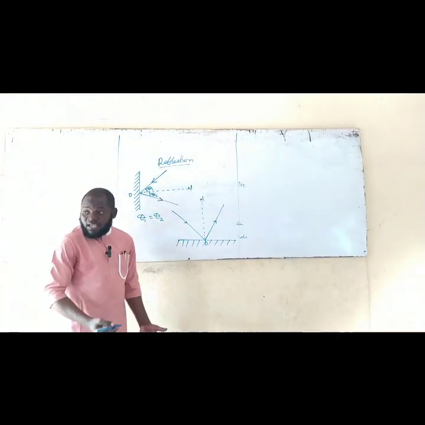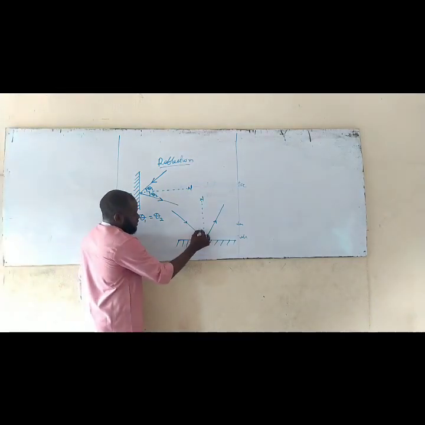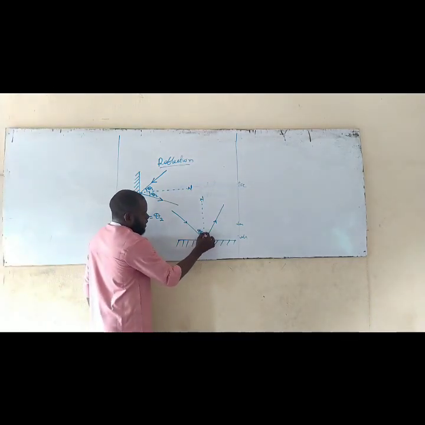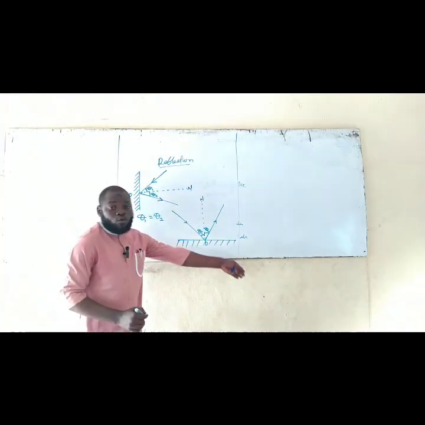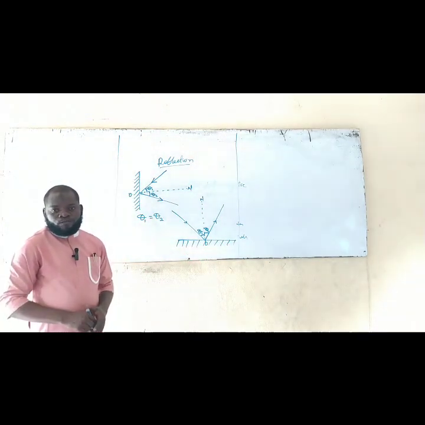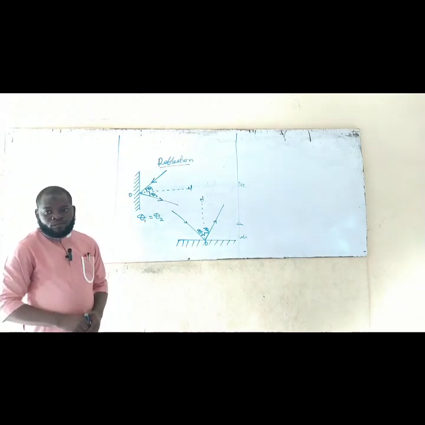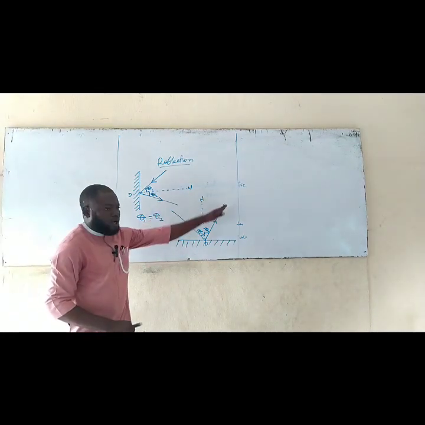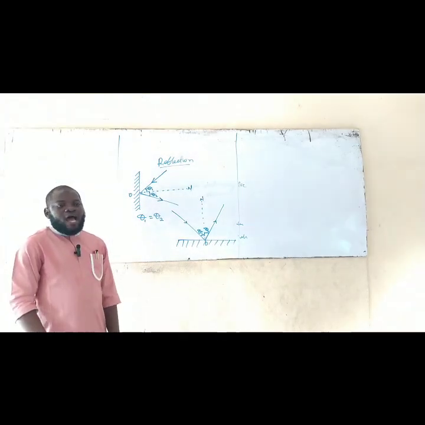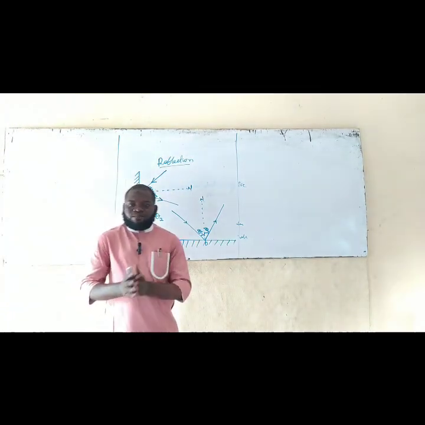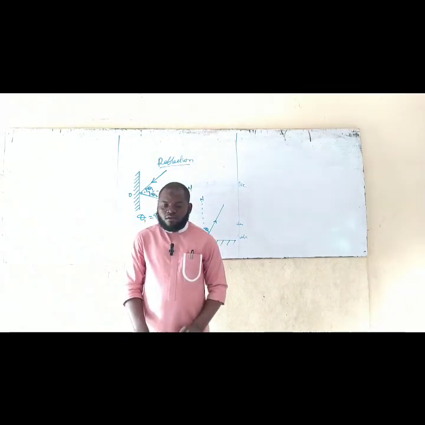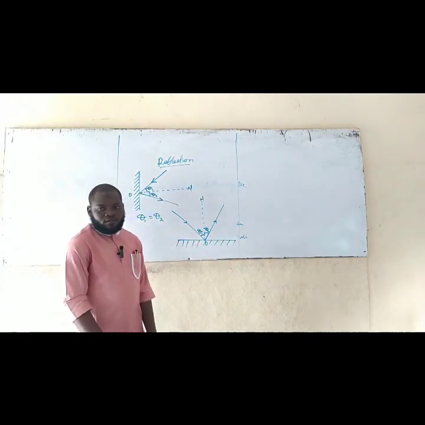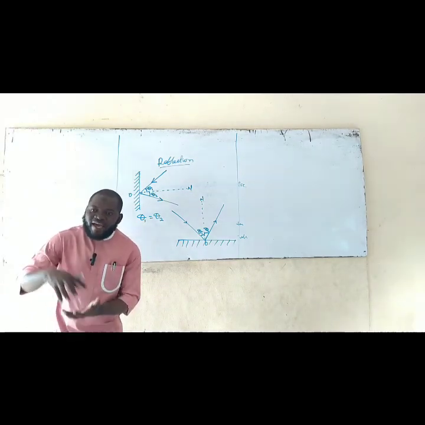The same principle holds. This one is going to be our θ1, and this one will be θ2. And θ1 will equal θ2. So this is incident, this is reflected.